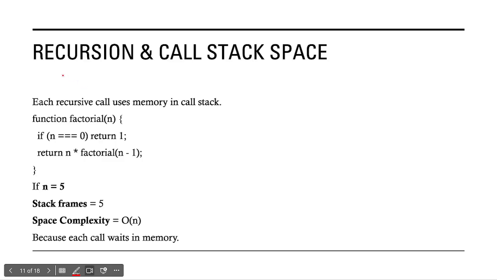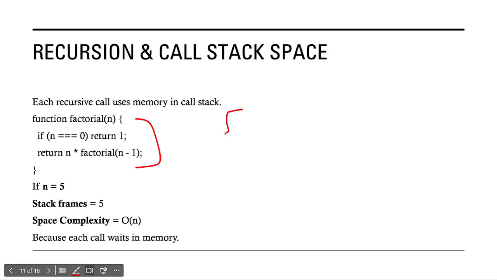Now the next one is recursion and the call stack space. This part confuses many beginners. Does recursion use the call stack? Recursion uses call stack memory, as we already know. A basic example is factorial. What is factorial?